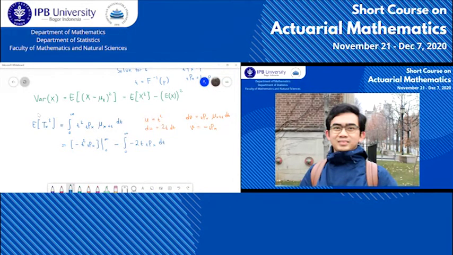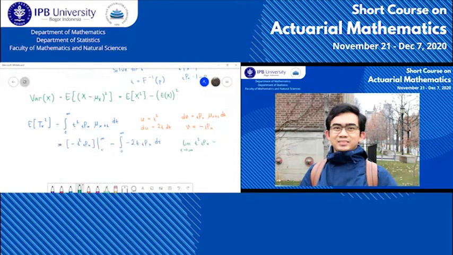So from the last condition of the survival function, the limit of t squared times tPx as t approaches infinity is 0. This condition allows us to make the second moment finite. So this one is 0, and this one is plus 2 times the integral from 0 to infinity of t times tPx dt.